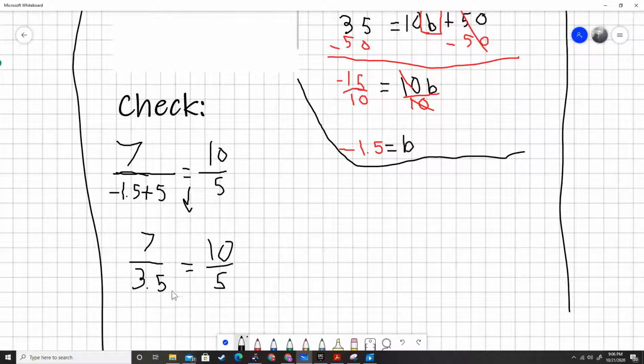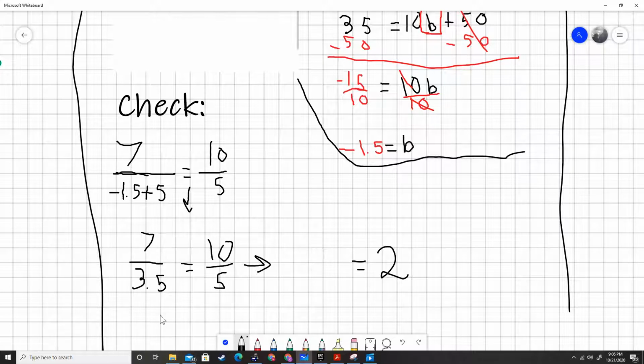So let's check to see if these both are equal to each other when I turn them both into decimals, or actually just do the division in this case. So 10 divided by 5, we know, is going to give us 2.